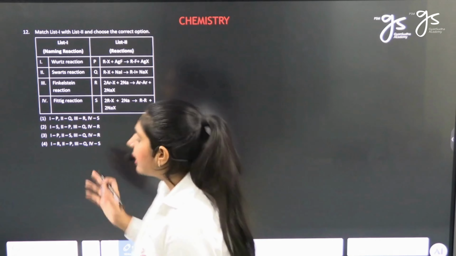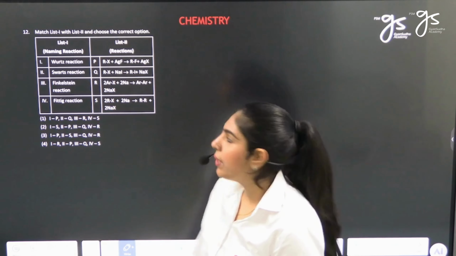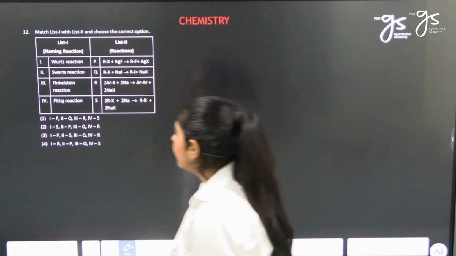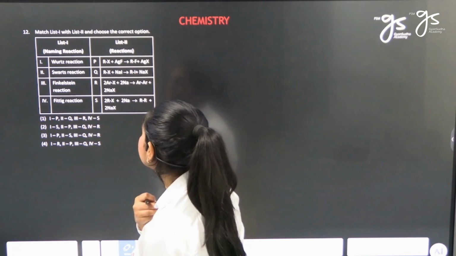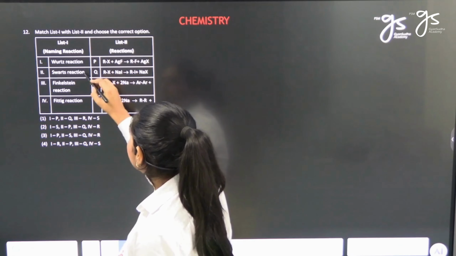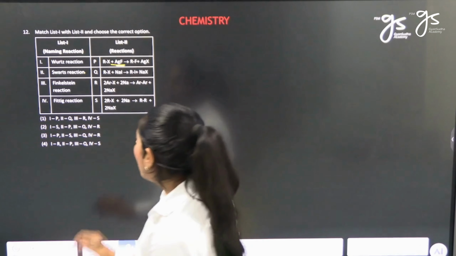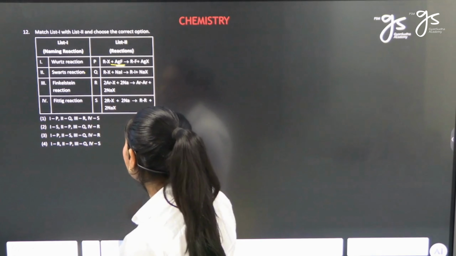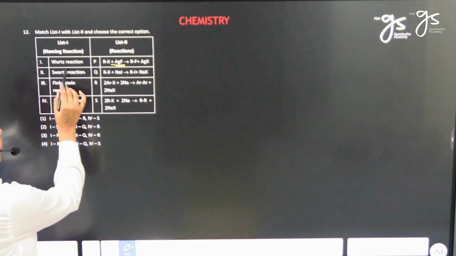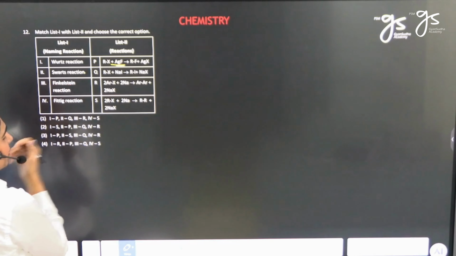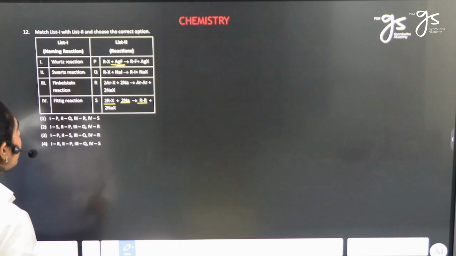This is named reaction questions, and these are very important reactions. All are from the haloalkanes and haloarenes. Now, Swarts reaction. We know what is our Swarts reaction? Swarts reaction will always take place with the fluorine, right? And Wurtz reaction we all know, right? So we can say that Wurtz reaction, RX plus 2 moles of Na, R-R plus 2 moles of NaX, right?